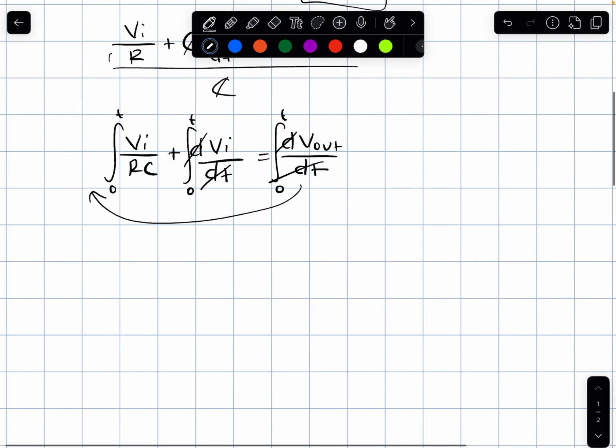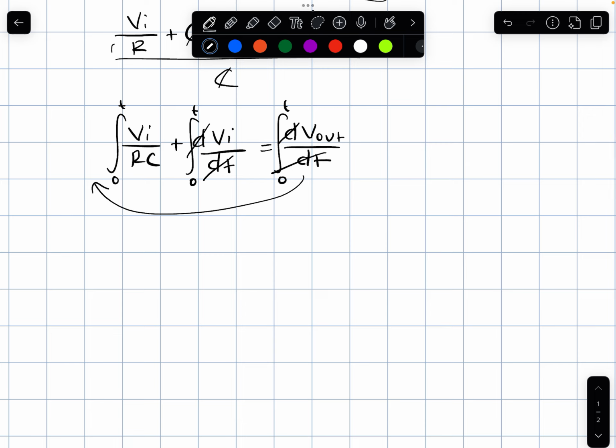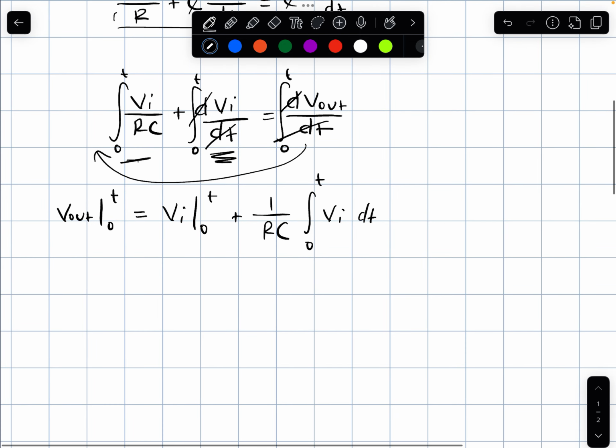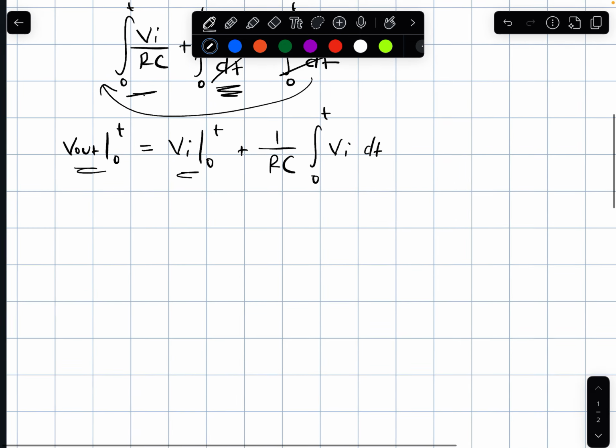So the definite integral of V out from 0 to t equals this part, which is Vi from 0 to t, plus this part, where Vi stays in the integral, 1 over RC is a constant, it comes out. Let's go from 0 to t of Vi dt.